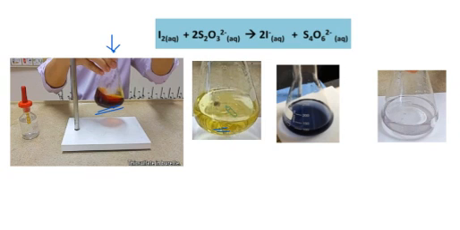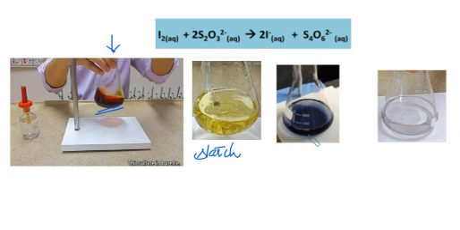At this point, we have to add starch. This is the indicator for this titration. Starch in the presence of iodine will give a bluish black color. You can see here, the moment starch has fallen, the color is changing slightly. 1 or 2 drops of starch are added and the conical flask is shaken thoroughly. The complete solution will turn bluish black.